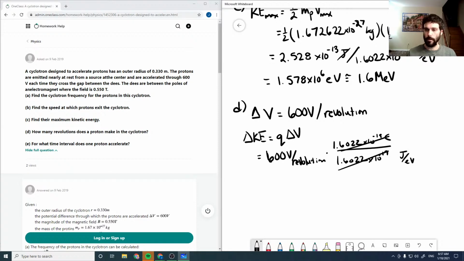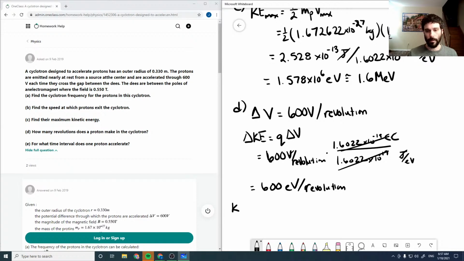So those are going to cancel, except for the coulomb. And a coulomb volt is a joule, so then the joules will cancel, and we're going to be left with 600 eV per revolution, which makes our conversion to eV significantly easier.